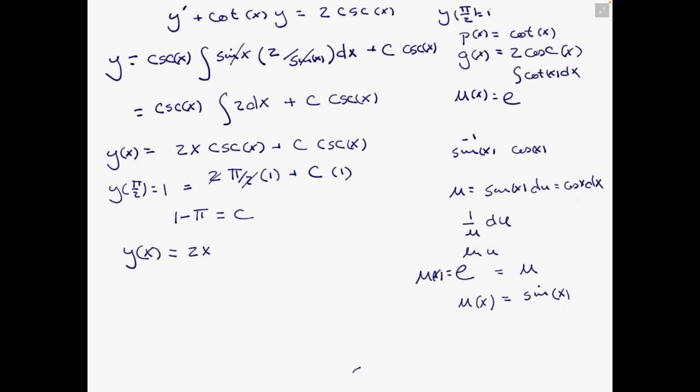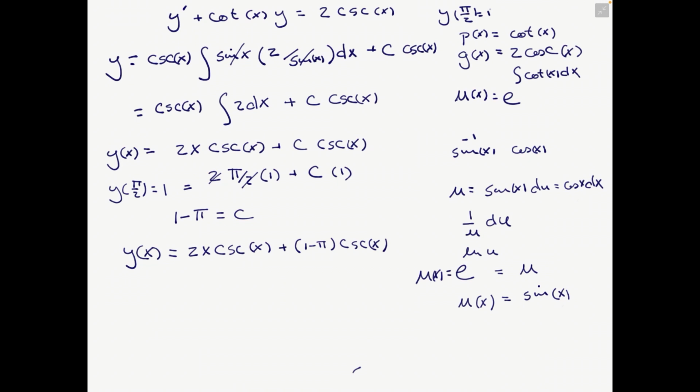y of x is equal to 2x cosecant x plus 1 minus pi cosecant x.